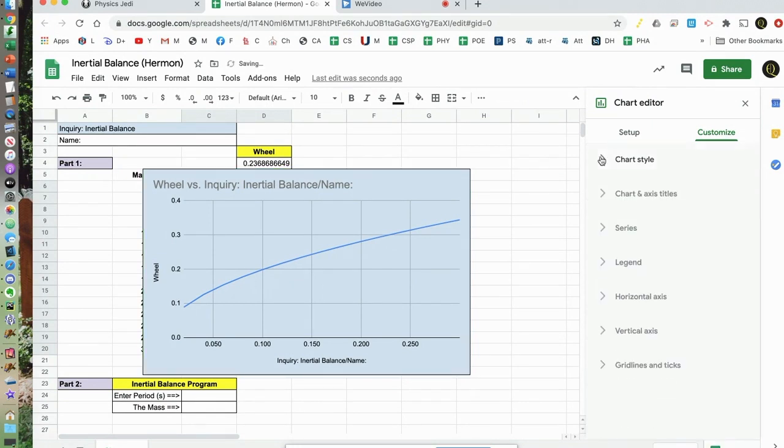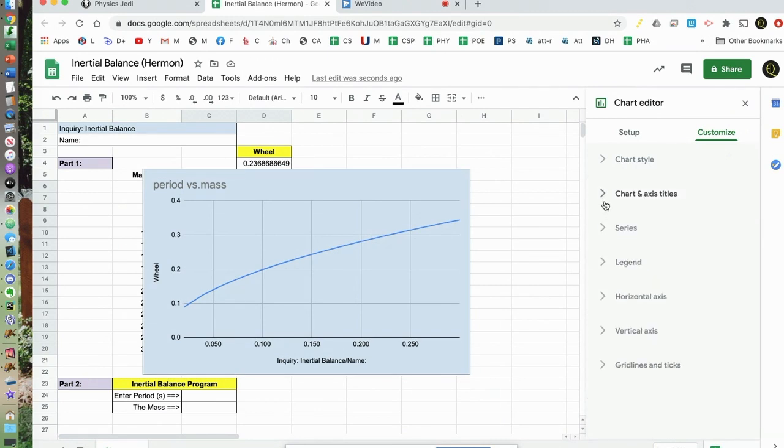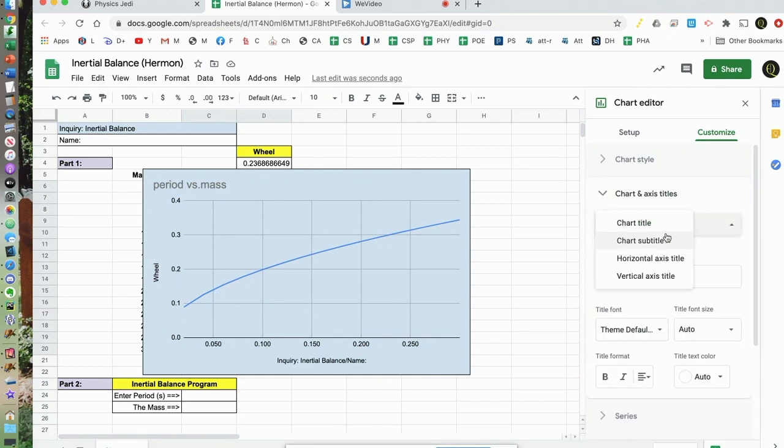Okay, close chart. Go to chart and axis titles. That's what we want. Chart title. Okay, so we're doing period versus mass. Okay, we had some things that are kind of messed up on this. So chart and axis title. That's chart title.